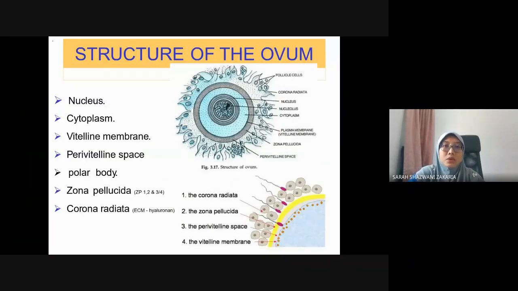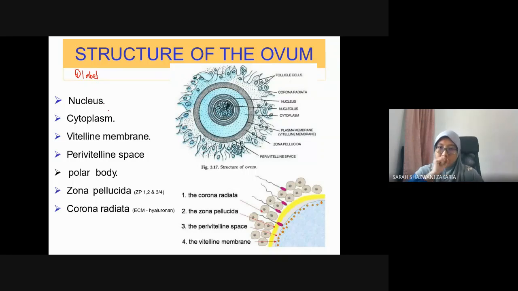Nucleus, cytoplasm, vitelline membrane, perivitelline space, polar body, zona pellucida, and corona radiata. First of all, we have to be able to label it, and in order to label, we have to recognize.